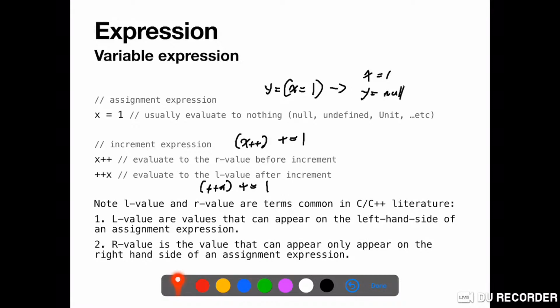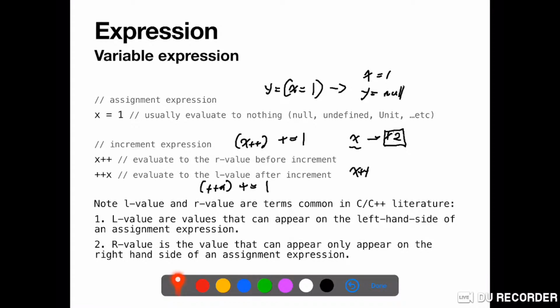So let's see. We know that a variable is actually pointing to an actual memory location which holds an actual value. So if this is x, what happens if I do x++? If I do x++, it becomes 2.